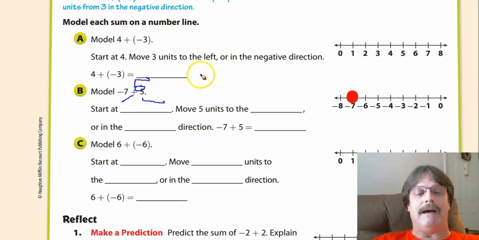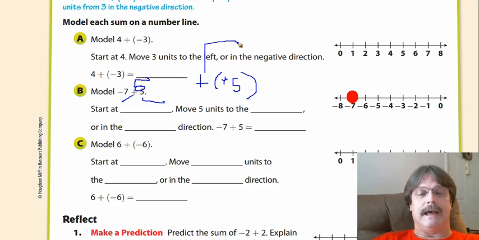It's really a plus, and if we put parentheses around it, because you guys have been seeing that up here, it's really a plus 5, or a positive 5, I should say, to be correct. So we're going to go in the positive direction, and we keep on going because that's what it tells us to do.